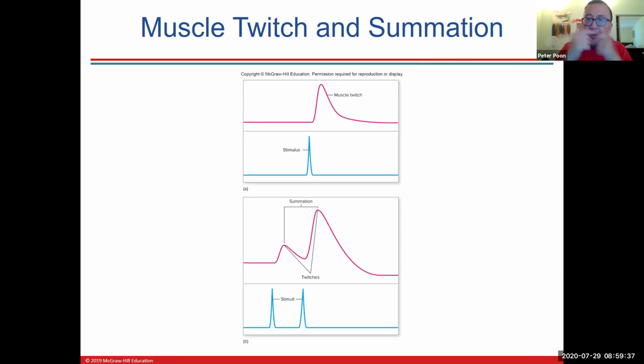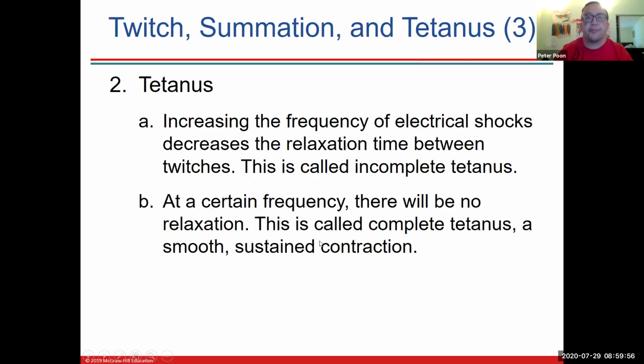So I can add together muscle twitches with more and more stimuli, because there's a little gap between the stimuli, but that's much shorter than the gap between twitches. So I can add up twitches. You've heard of tetanus toxin, but what tetanus actually is, is the complete contraction of muscle.